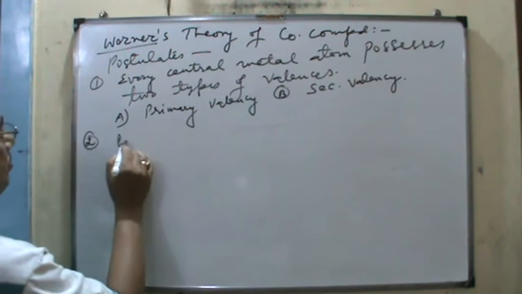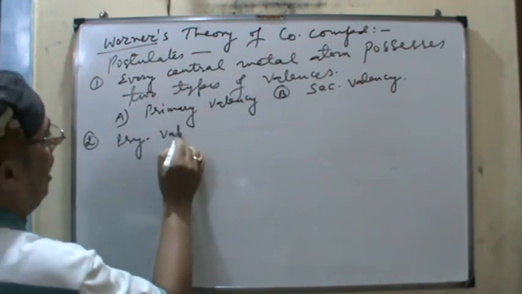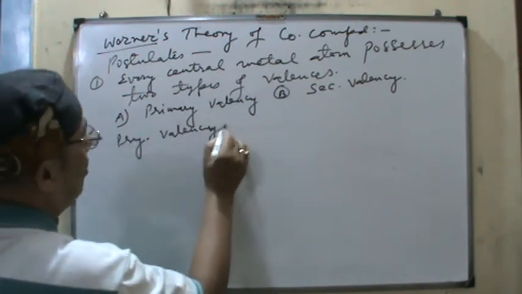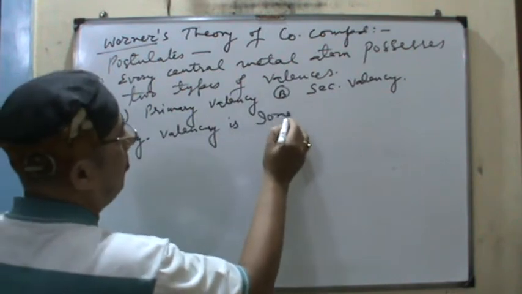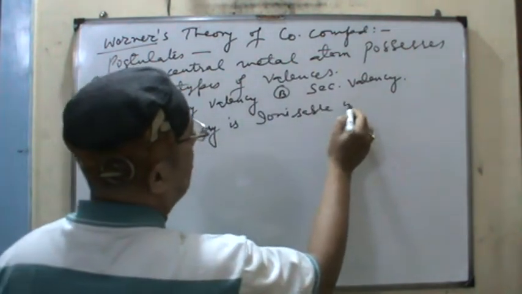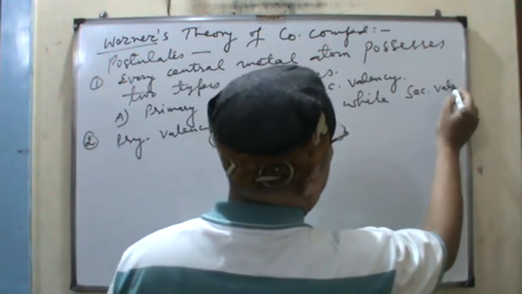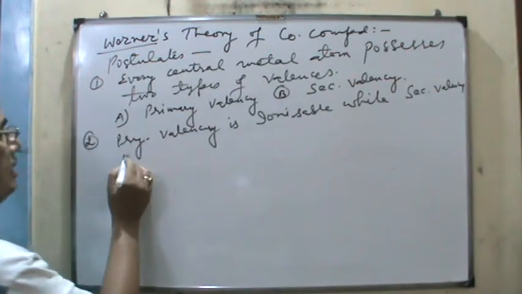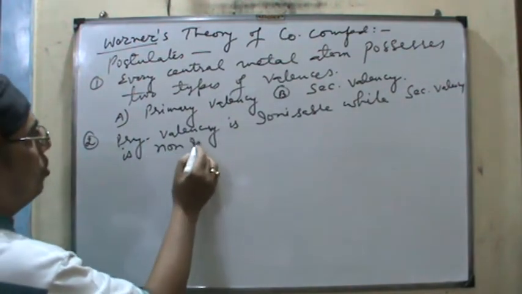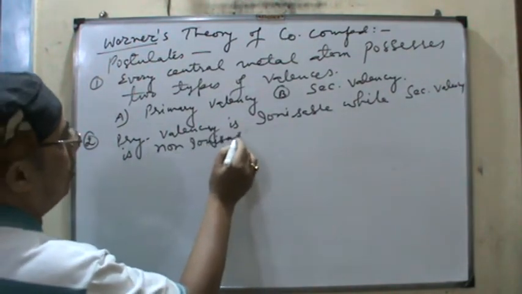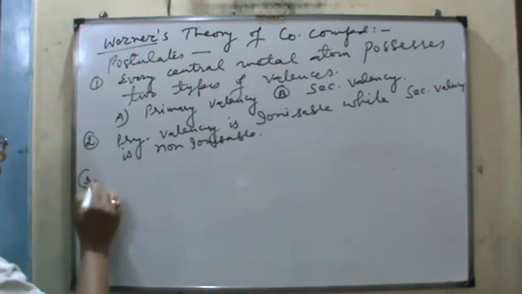Second, primary valency is ionizable, while secondary valency is non-ionizable.